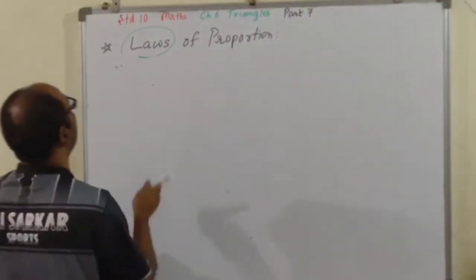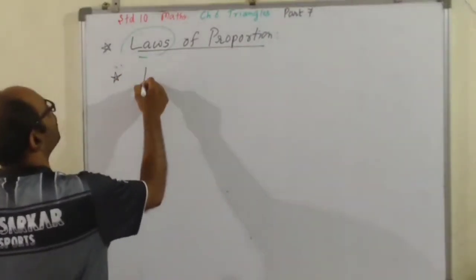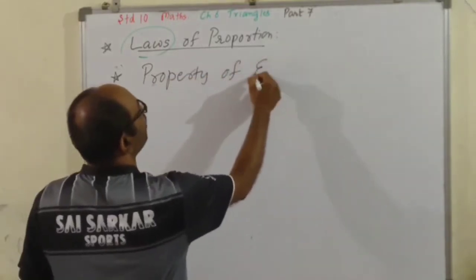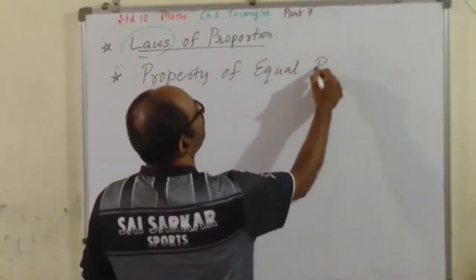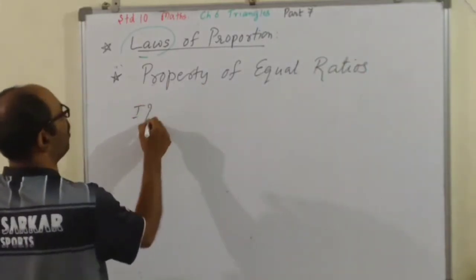ये भी आप लिख लेना वापस. ये लॉज ऑफ प्रपोर्शन था. Now this is property of equal ratios. Property of equal ratios. And here is the property.